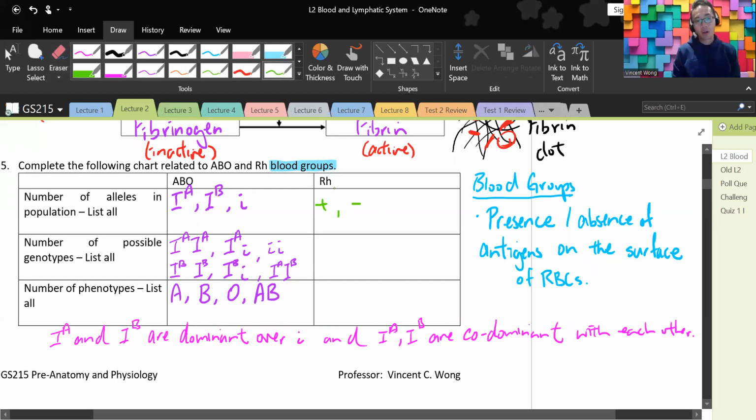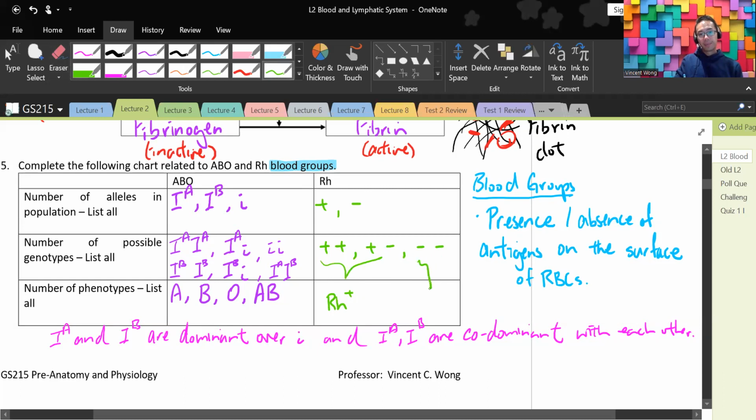If you're negative, then you cannot make it. Number of possible genotypes. Positive, you can have 2 copies of the RH gene. You can have 1 copy or you can have none. Right? So positive will give you RH positive blood type. Positive negative will also give you the same thing.